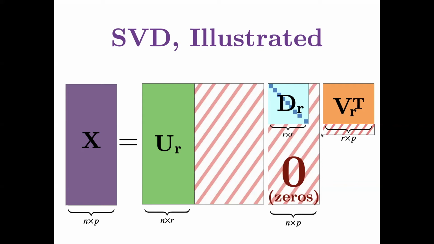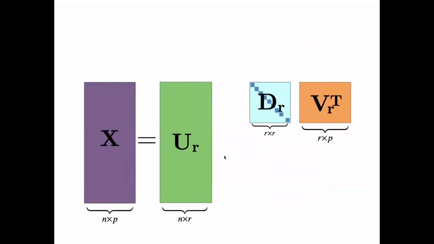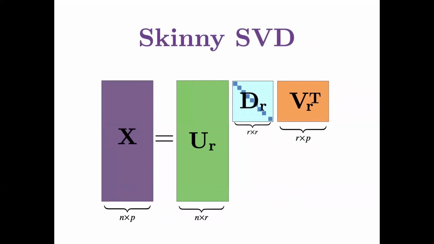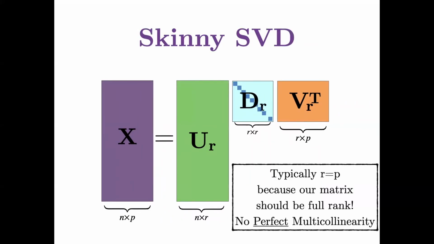Now, again, if R is equal to p, I don't lose anything in V. I have a full rank matrix. And that leaves me with what's known as the skinny SVD. Again, R should be equal to p because our matrix should be full rank.